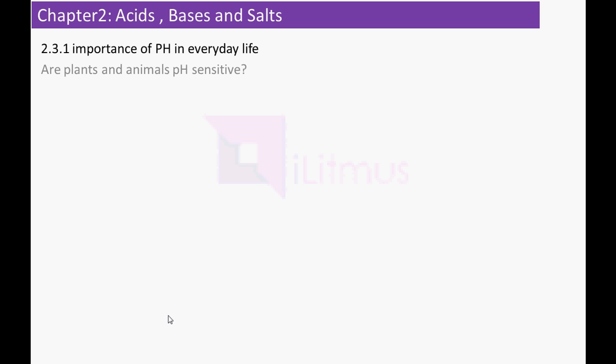Sometimes you have heard that because of acid rain, the water in the river or lake becomes very acidic, and the fishes or other water animals living in it die. Generally plants and animals live in a very limited pH range. If pH increases or decreases, it will have a huge repercussion on their existence.